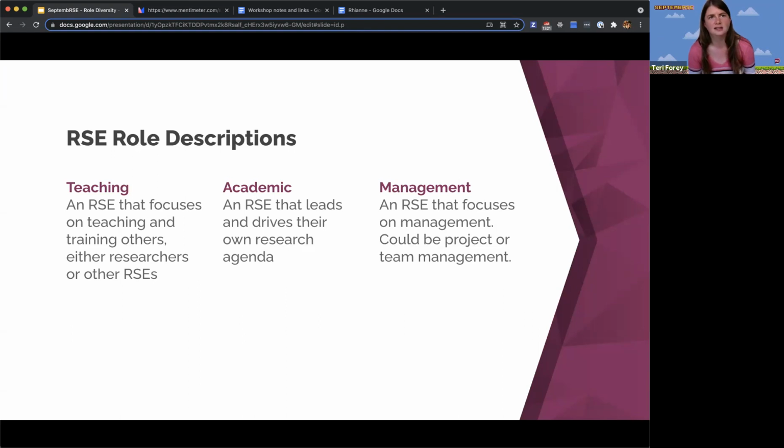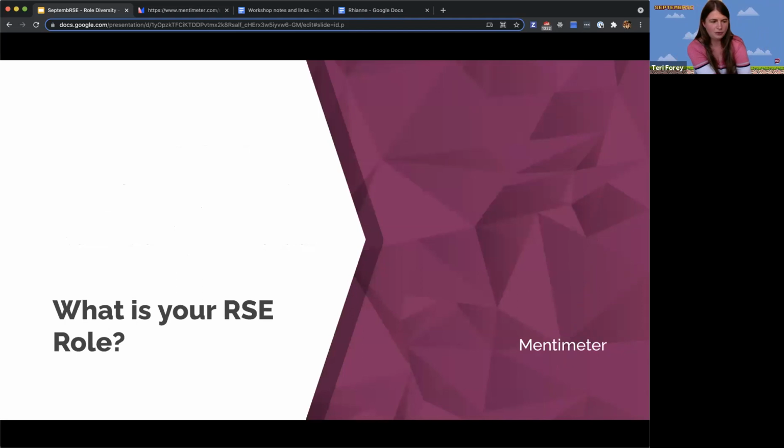I think that's a tough one, because I'm not even sure how to answer that. We could spend ages talking about the monetary value of RSEs versus other software engineers potentially, but maybe that's a discussion for another day. So I think what we'll do is we will get into Mentimeter.